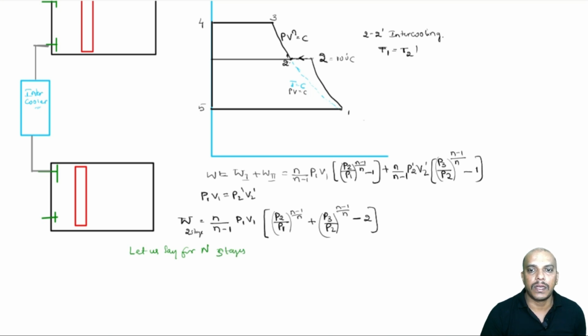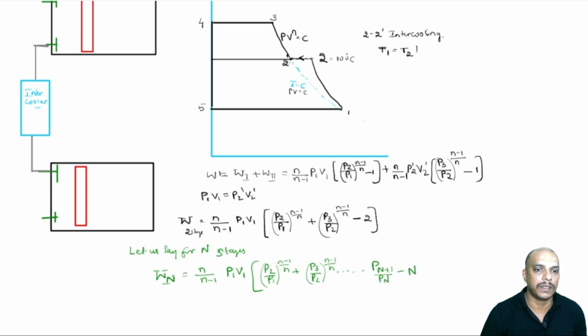Then the same equation can be written as W for n stages equal to n by n minus 1 times the initial pressure and volume P1 V1, and this will go up to P2 by P1 for the first stage, then the second stage, and so on till P n plus 1 divided by P n, for the number of stages.